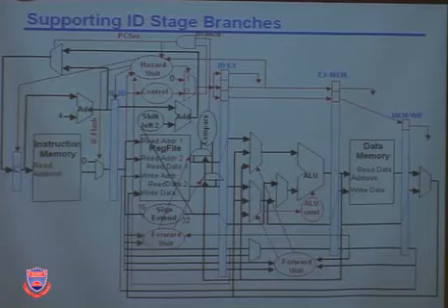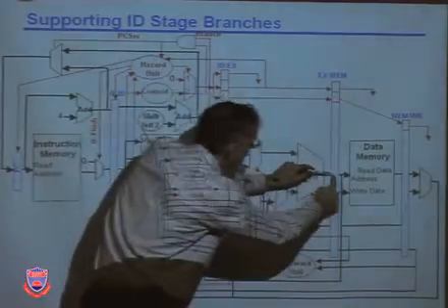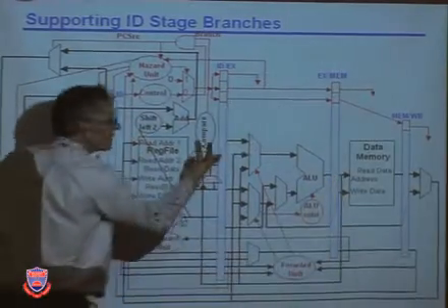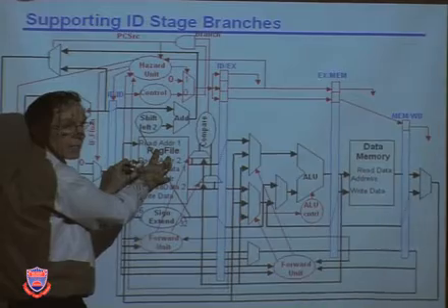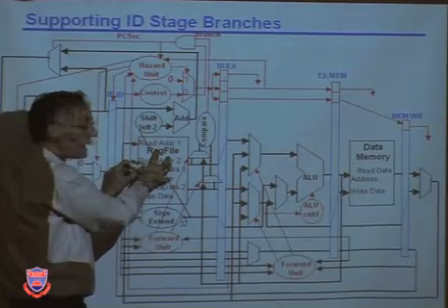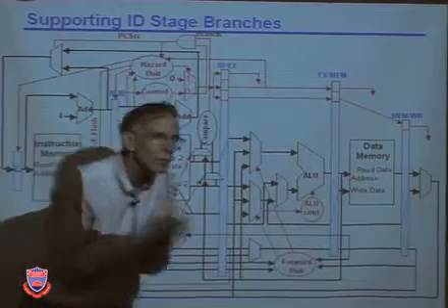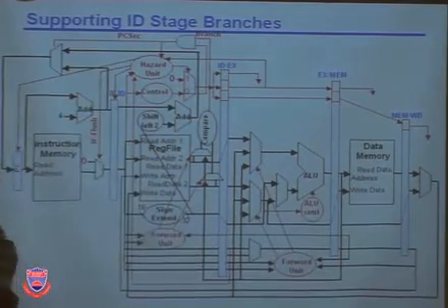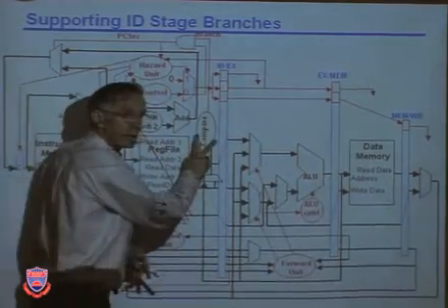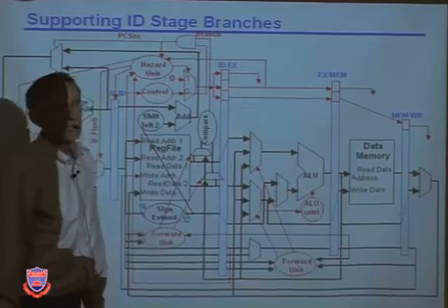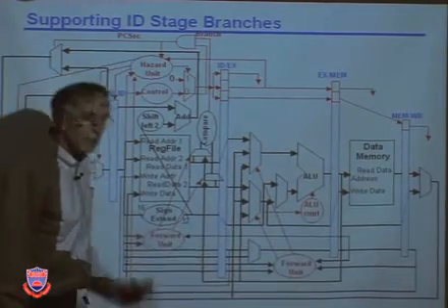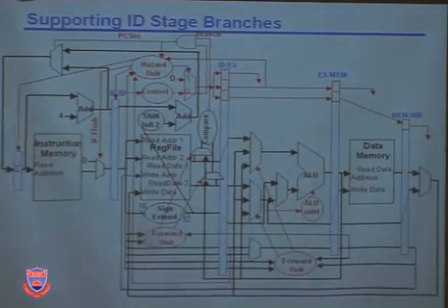So that means we've got to take it from here and bring it around to here because I can't get it out of here. All right? Yeah, that's why I have forwarding. That's why I put these muxes in, to get the right value of T1 or T0, whatever, in order to bring it here so that I can have it when I need it. Okay, good. Now, let's go one more.